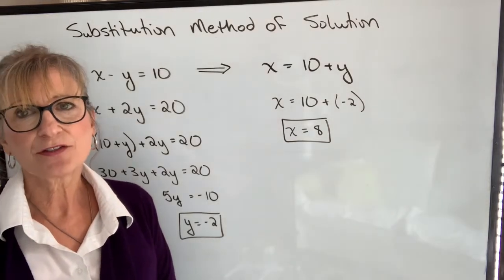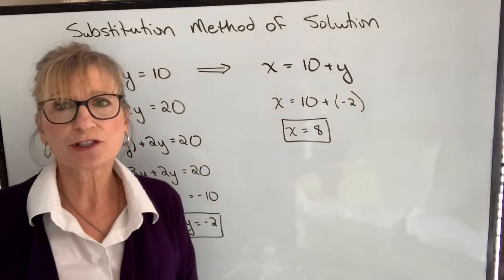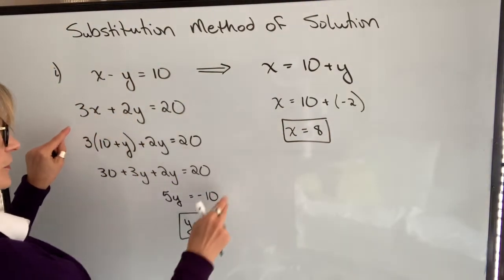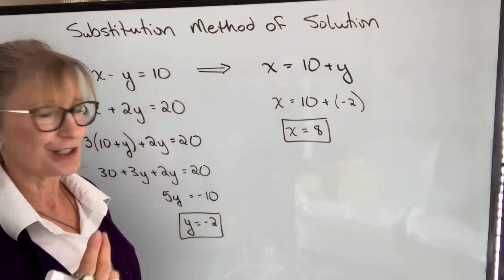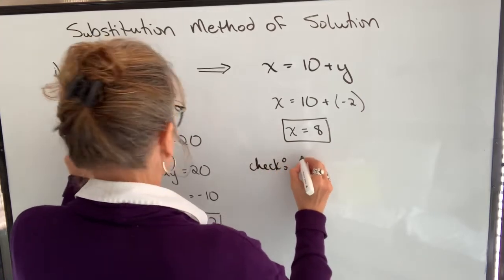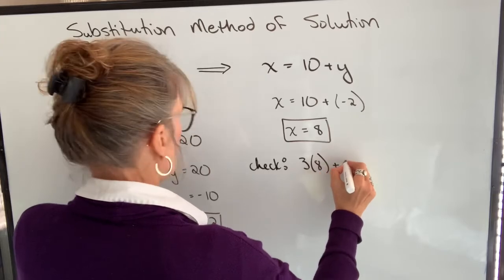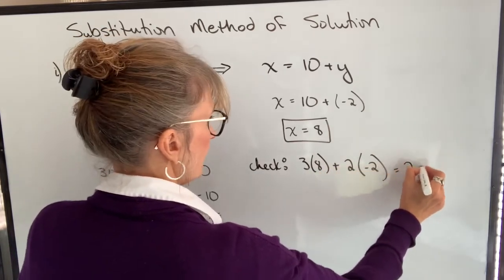That's the set of values that satisfies, we know it satisfies this first equation, but it should satisfy both equations. What I'm going to do is plug those values into the second equation just as a check to make sure that it's correct. So I'll do a check. Does 3 times x, which is 8, plus 2 times y, which is negative 2, equal 20?